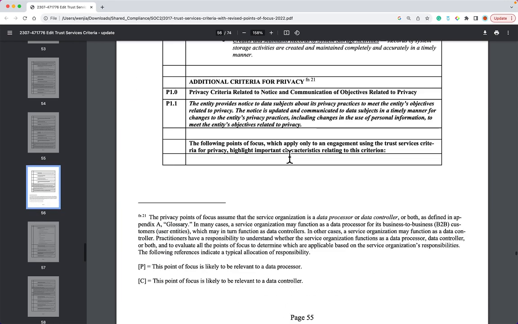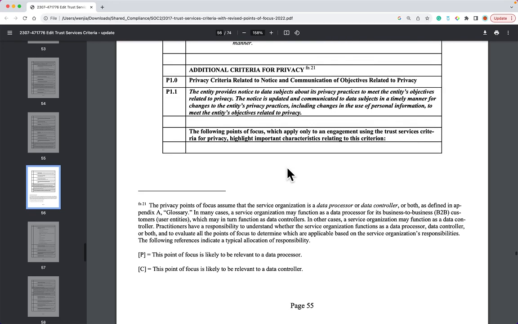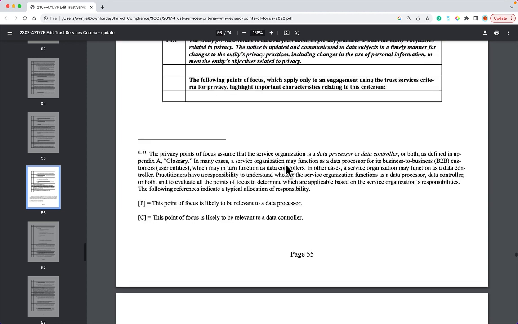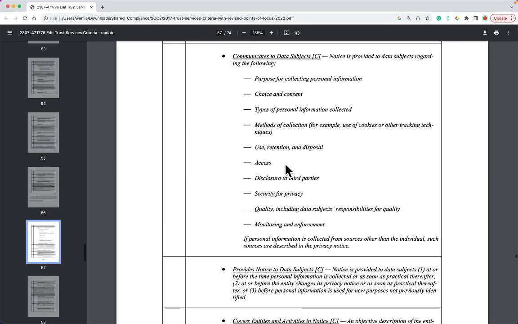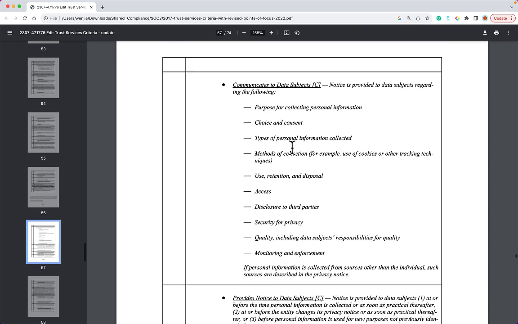So you need to have corresponding mechanisms and protection measures. This is the point of this criteria. All these considerations you need to communicate to this data subject.